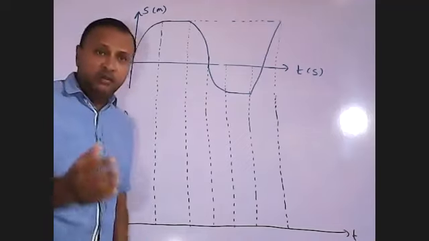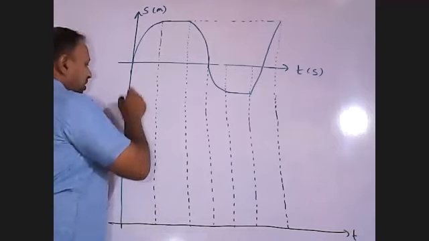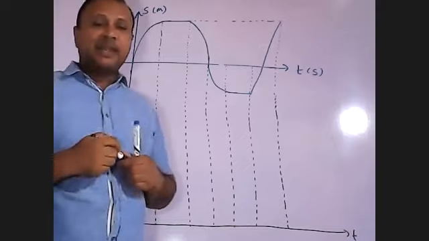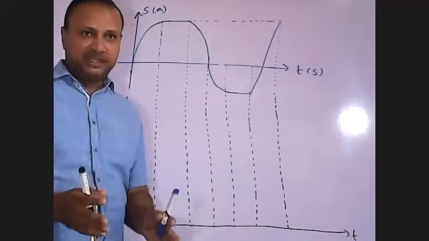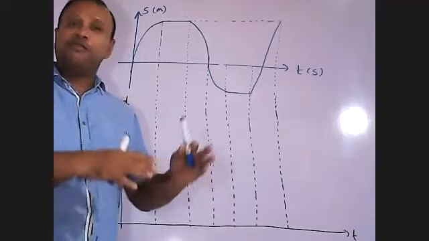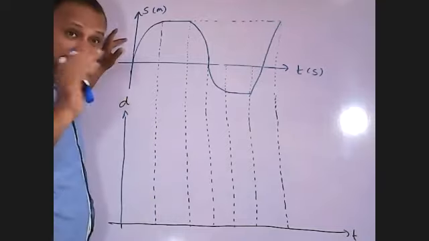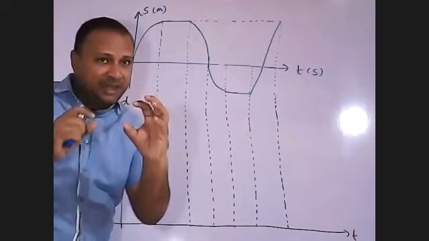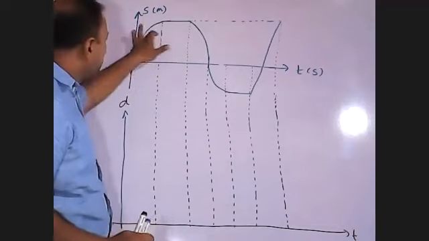Now we have to convert this ST curve into a DT curve. As I told you earlier, in an ST curve we have vectors. In a DT curve we have scalars only. That means we have to consider the magnitude of those values only.